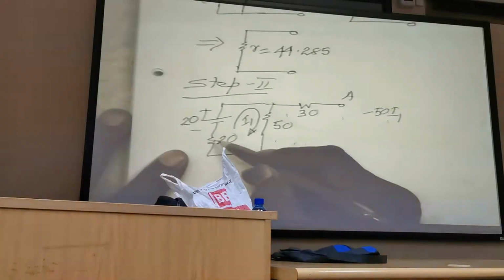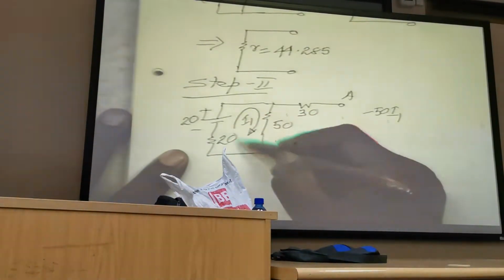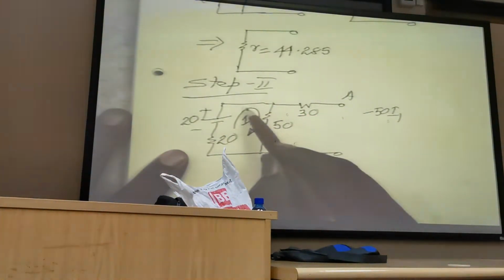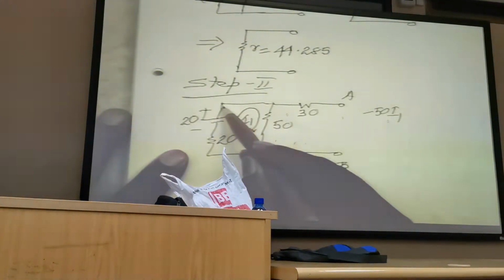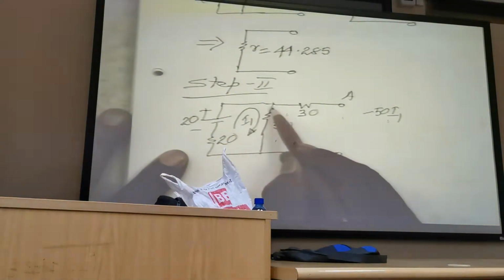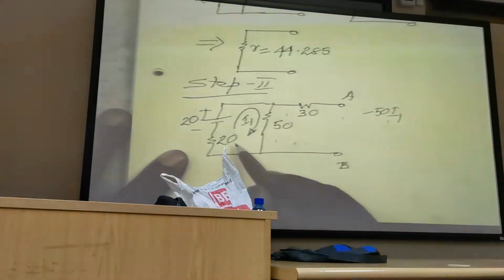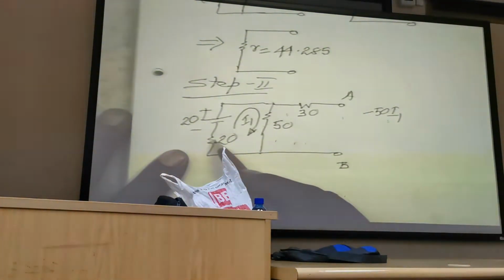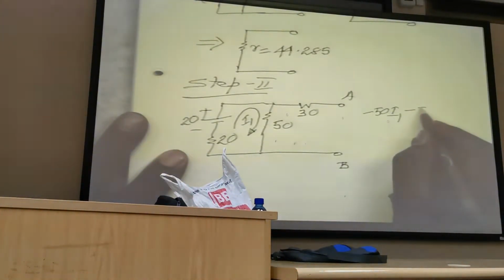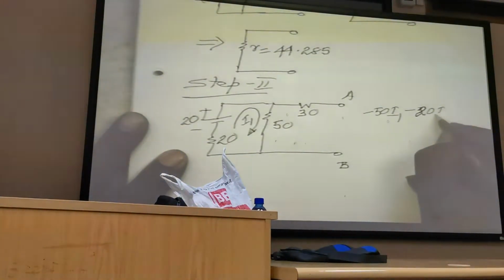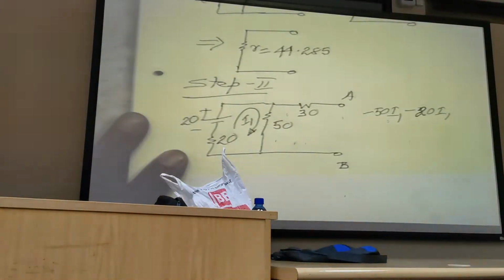Now going that direction, the current is going that direction, right? And you are also walking from here. The drop is 50 I1, so minus 50 I1, and here also you are along the direction of the current. Clear? So this is also minus 20 I1, right?